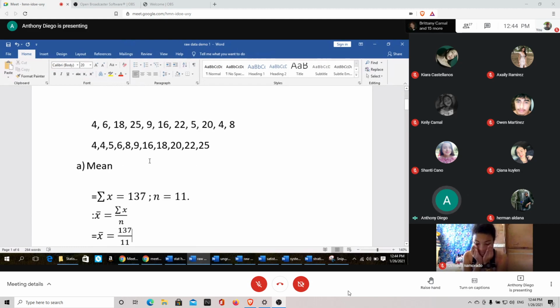If you take your calculator right now, what I want you to do, because you need to verify, is add all of these 11 numbers: 4 plus 4 plus 5 plus 6 plus 8 plus 9 plus 16 plus 18 plus 20 plus 22 plus 25. And you will notice that all of these add up to 137. So do that.